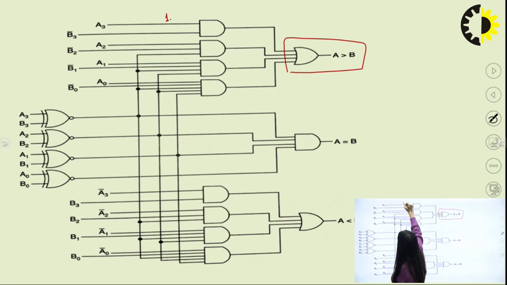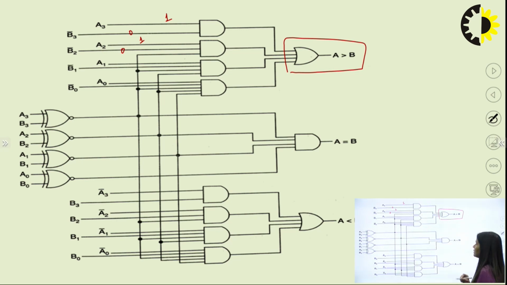A3 is equal to 1 and B3 is equal to 0. A2 is equal to 1 and B2 is equal to 0. And in a similar way, this is the line for equal, and then we can connect it to the third gate.